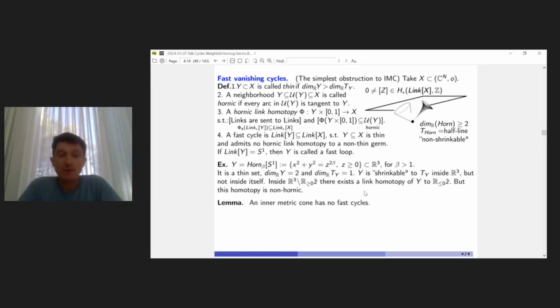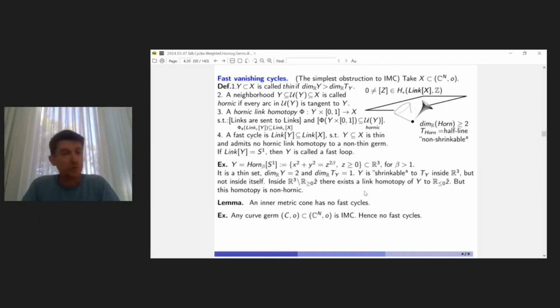And then a very simple lemma: an inner metric cone can have no fast cycles. With these definitions, once we detect a fast cycle, this is an obstruction for a germ to be inner metrically conical.